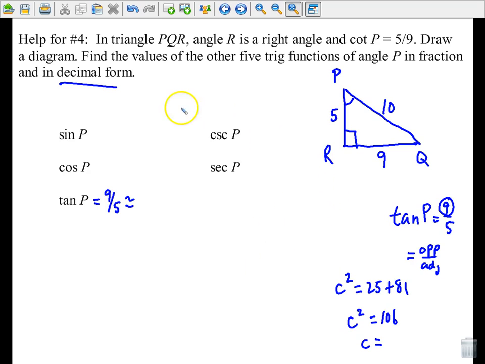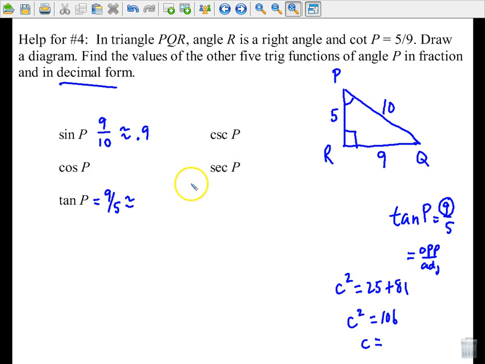Okay, well now we have the sides, we can come up with these trig ratios. So sine P, looking out from P, sine is opposite over hypotenuse. So sine P is 9/10, or in decimal form, 0.9.